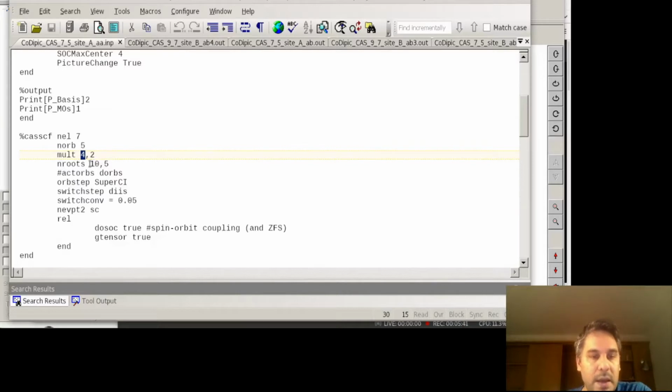So why am I choosing 10 and 5? If you do a ligand field analysis of cobalt 2, you will know that the 7 electrons distributed in 5 orbitals give rise to 10 high spin configurations and 40 low spin configurations.